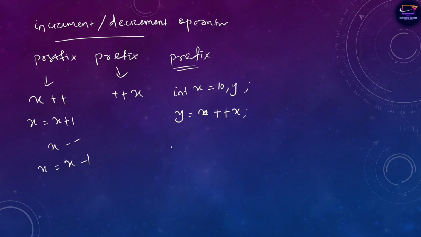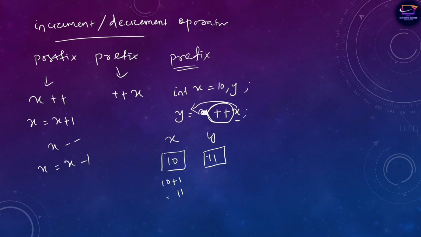So now if you print the value of y and x, then here x is 10 and y has nothing. So first we write y equals to plus plus x. First is our operator, right? First operator means we have to first increment the value of x. So the value of x will increment by 1. So that is 11, and then it will be assigned to y. So y is 11, right?